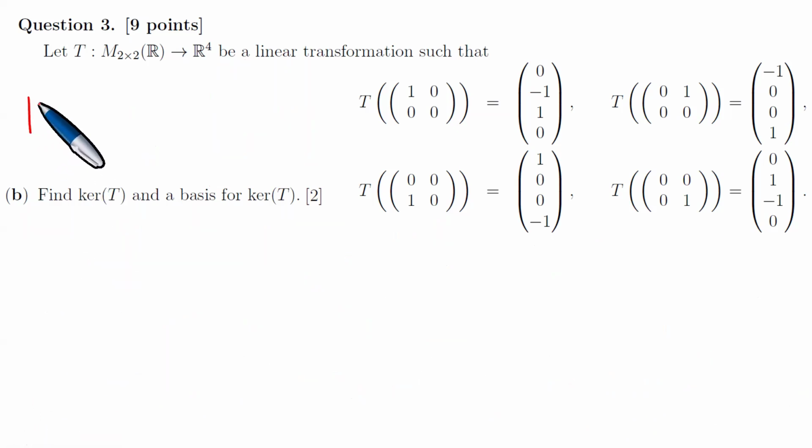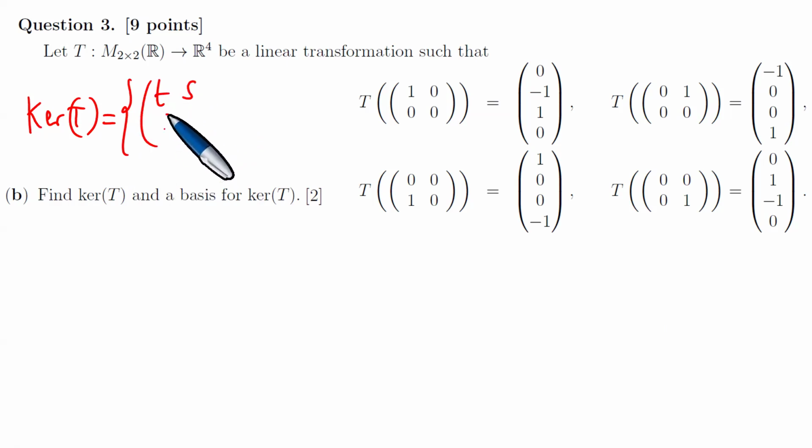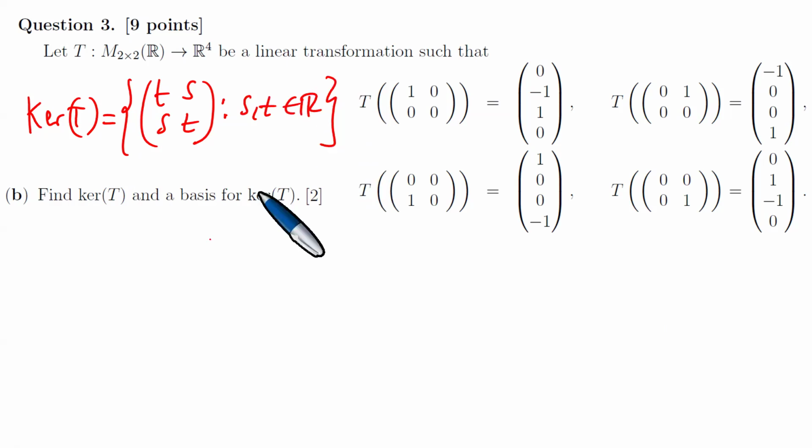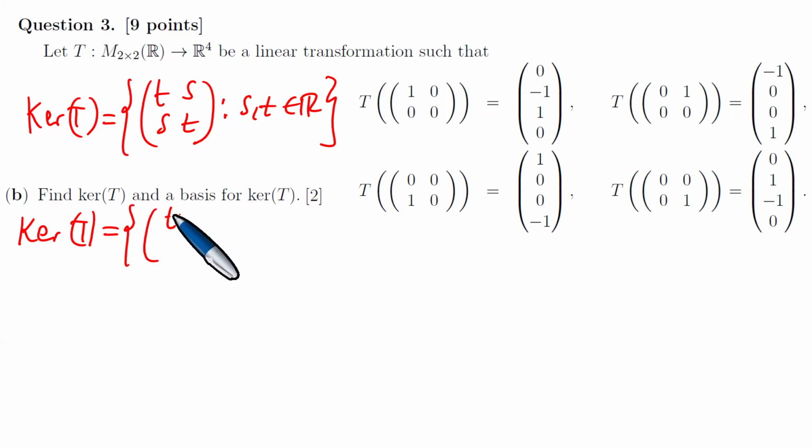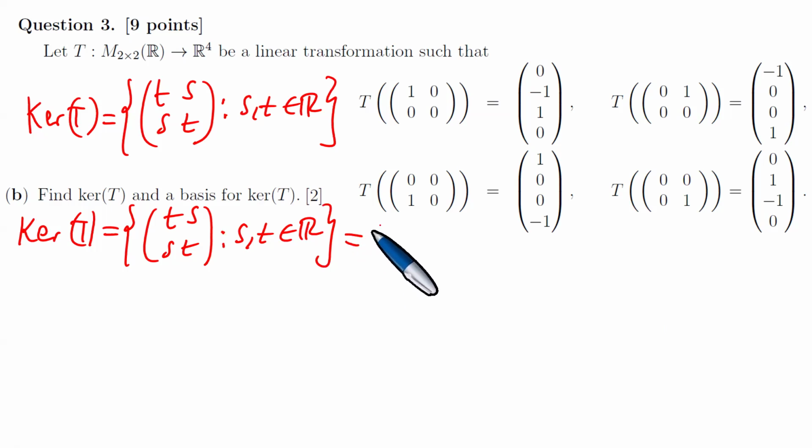If we continue to say the kernel of T is exactly the same as the matrices with entries T, S, S, T, such that S and T are members of the real numbers, and therefore what is this?